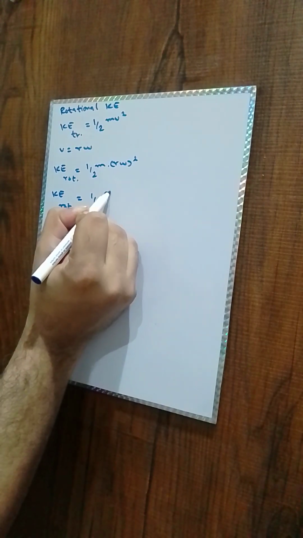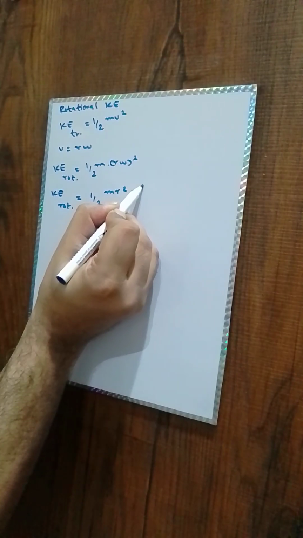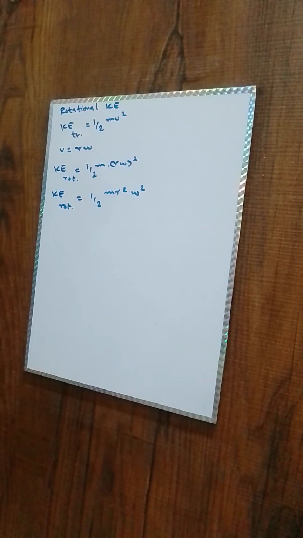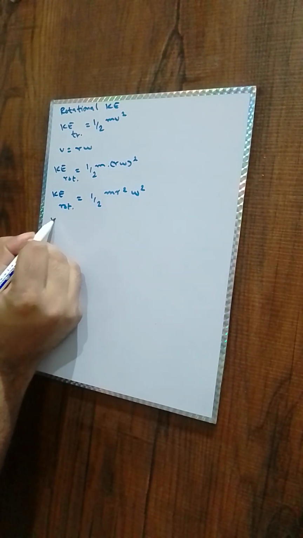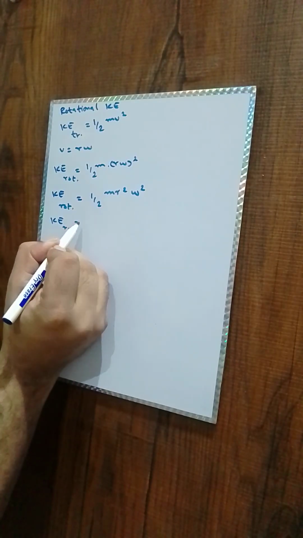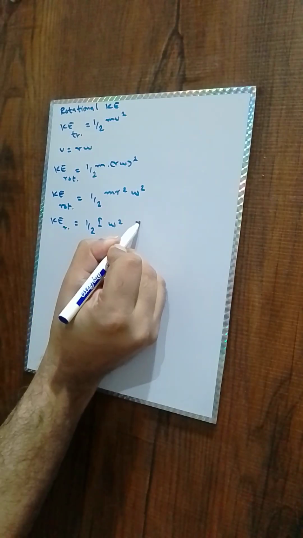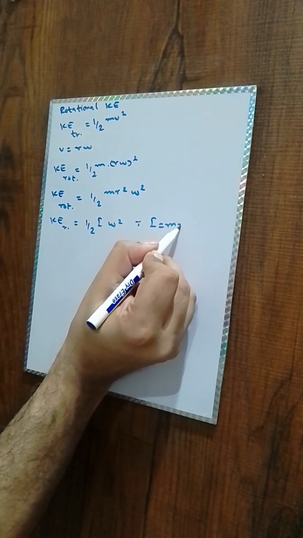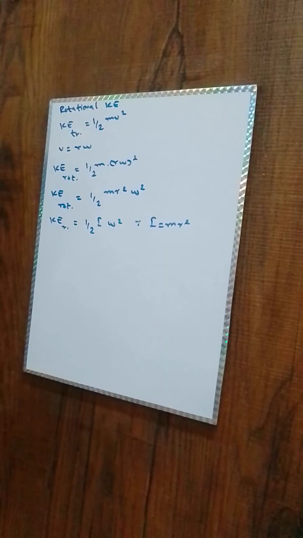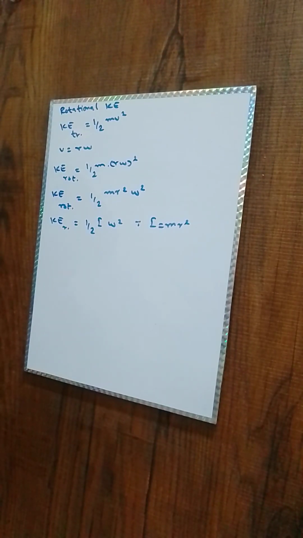So Ke rotational is equal to half m r square omega square. Now this is important. Kinetic energy rotational is equal to 1 by 2 I omega square, because I is equal to mr square. The moment of inertia is equal to mass times square of radius.